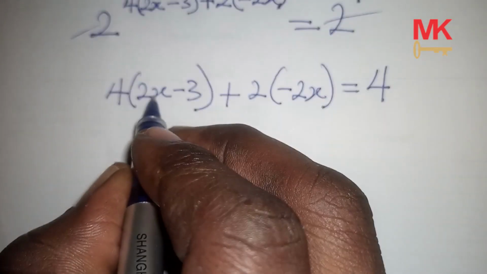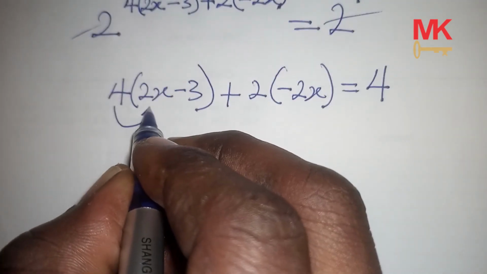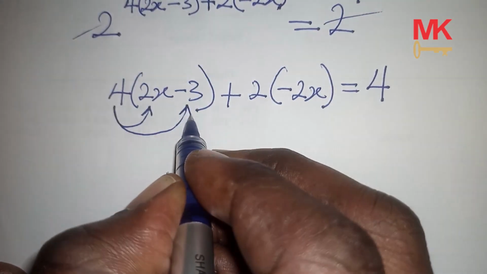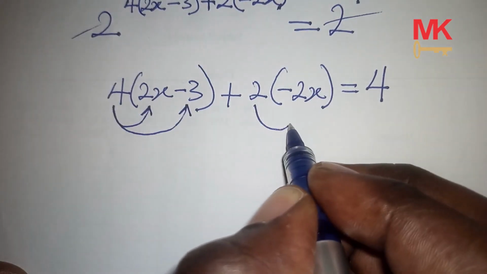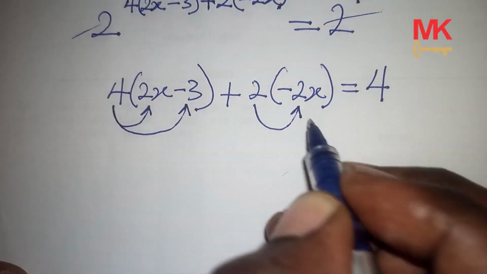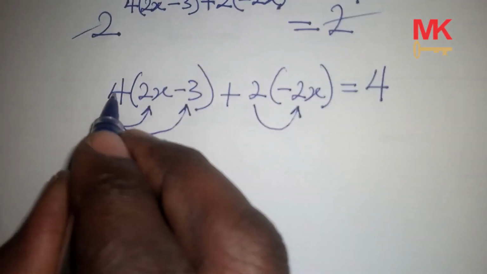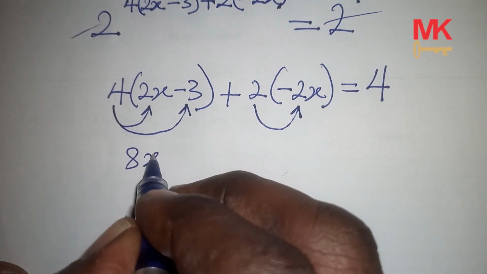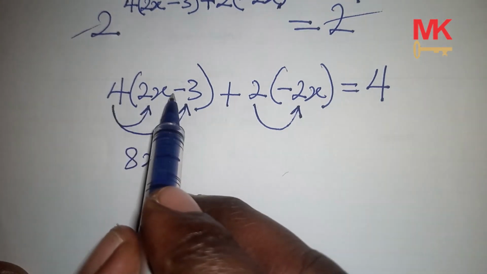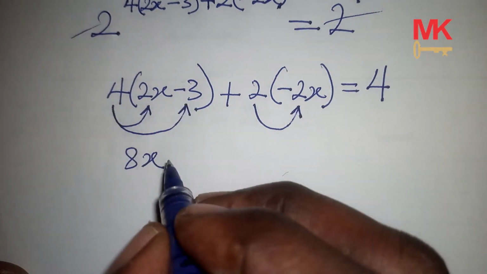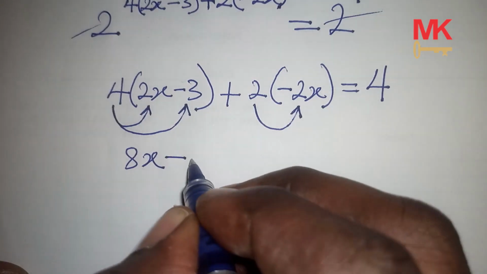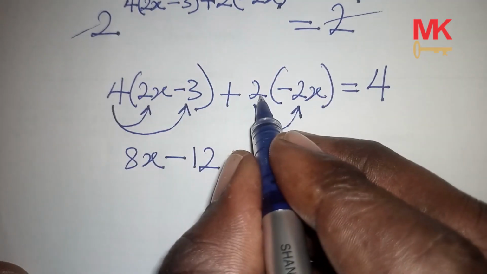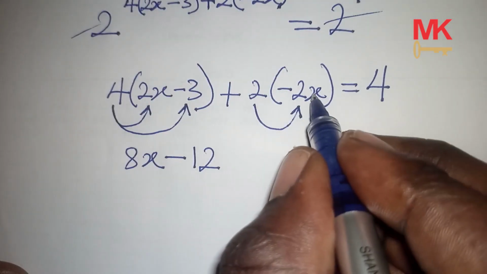So 4 times 2x, we're going to do the expansion just like this, and then this multiplies the negative 2x in the bracket. So 4 times 2x gives us 8x, and 4 times minus 3 gives us minus 12, then plus 2 times minus 2x.